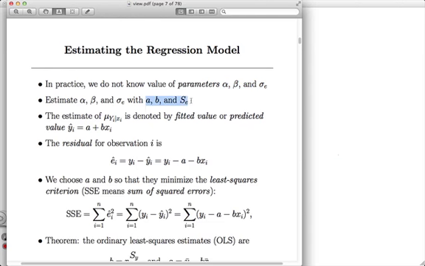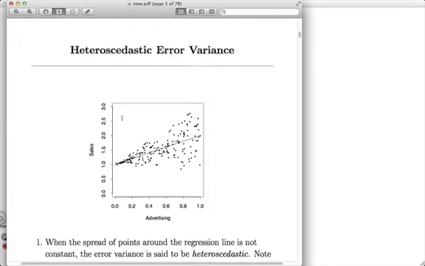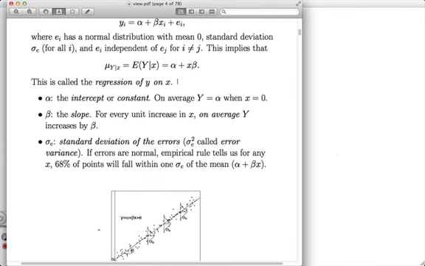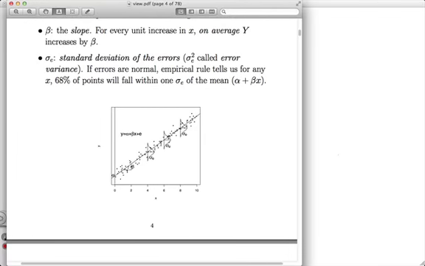Just as we estimate the parameter mu with x bar, we're going to estimate beta with b. These are more examples of parameters and statistics like we talked about last time. Another term: I said that the mean of y for a given x, mu sub y given x, let me refer you back, was this equation. The mean of y for a given x is the point on the line.